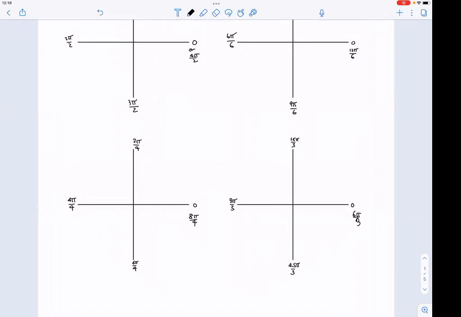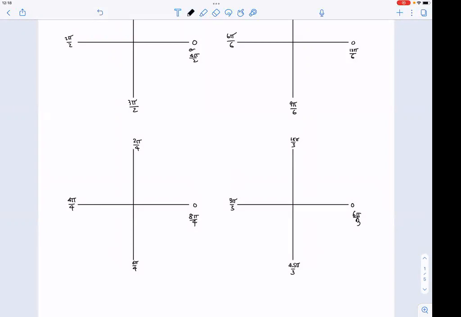Now, just a reminder, you need to start working on remembering all the values, all the blanks, all the coordinates on the unit circle. Next Monday, you will be given a unit circle with all those blanks, and you have 10 minutes to finish them.